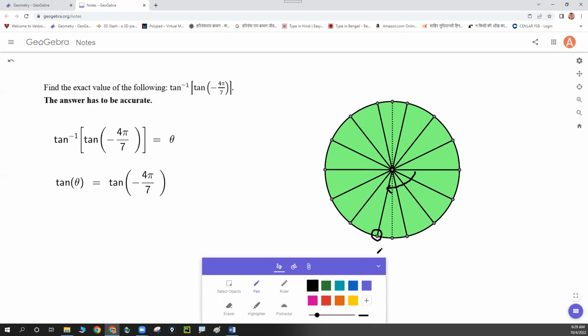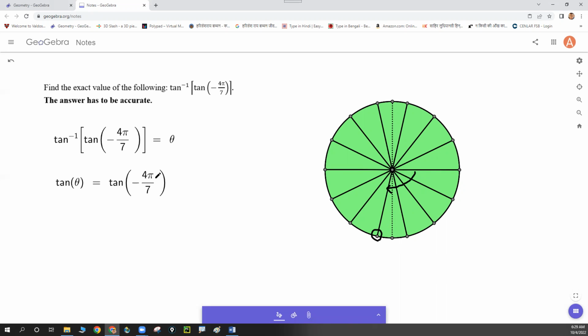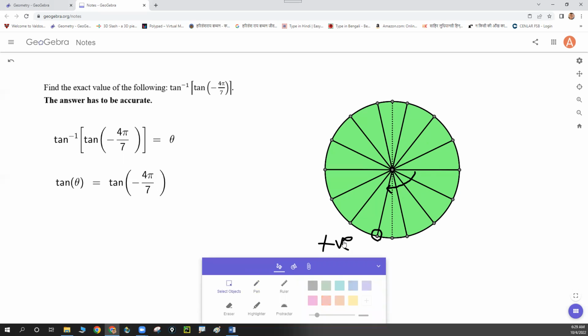Now, in this quadrant, tan of anything is positive. And tan of anything in the first quadrant is positive, or tan is positive in the first quadrant, however you want to say it. So how do we decide what my answer is? So let's do something a little nicer.